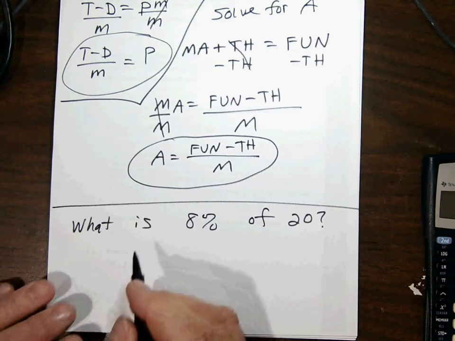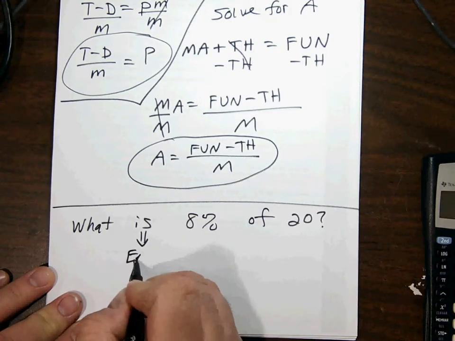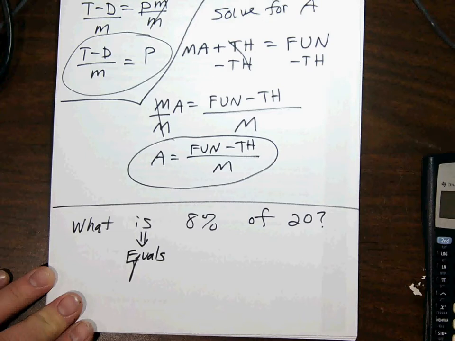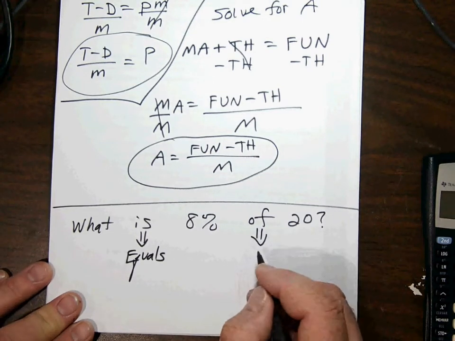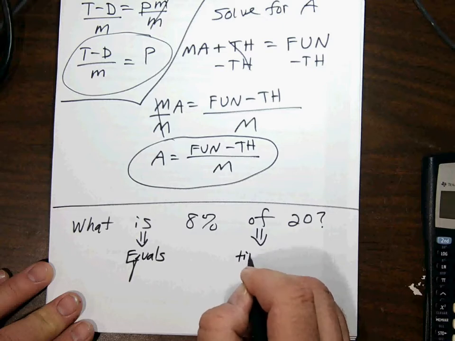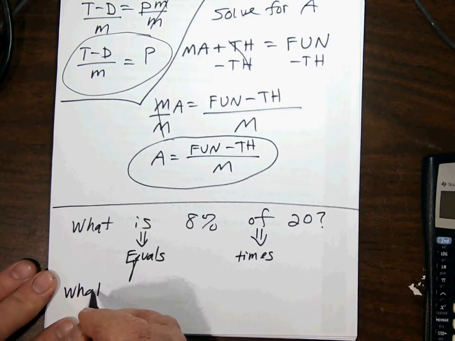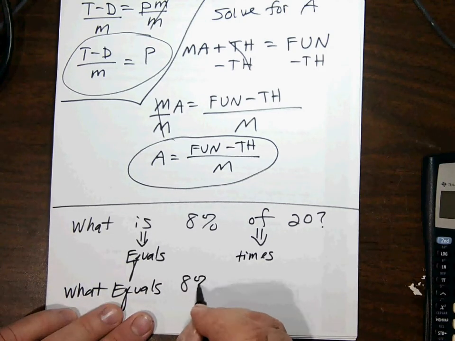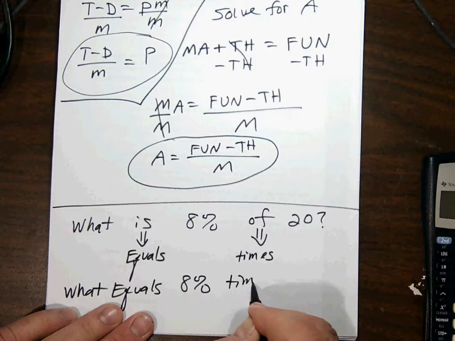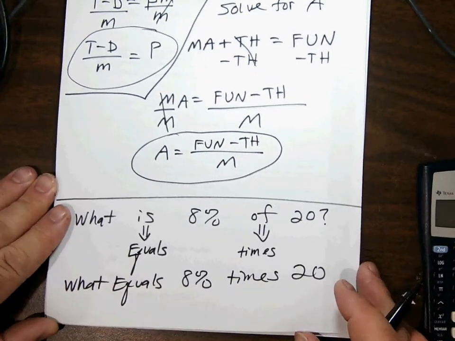The word is, we're going to translate that into equals. And the word of, we're going to translate that into times. Okay? So what equals 8% times 20. It's begging for us to have an equation here, right?